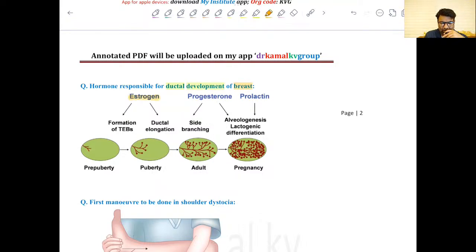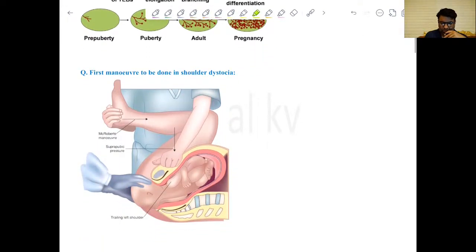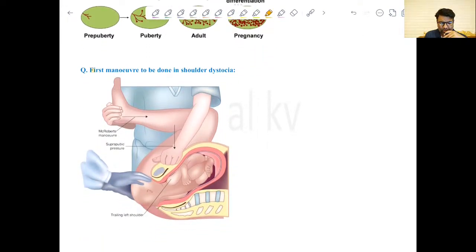In a non-pregnant lady, it is mainly because of estrogen, and in pregnancy, progesterone also has a role to play, right? So in a non-pregnant woman, it is mainly estrogen which is responsible for the ductal development of the breast.